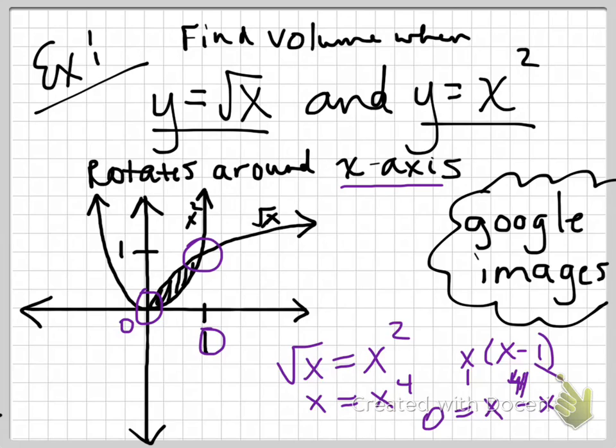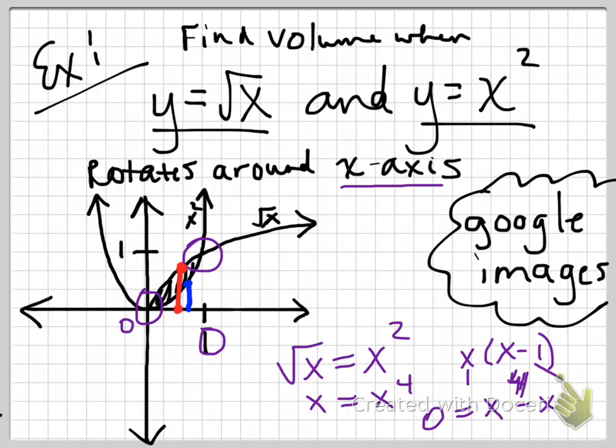Since this is rotating around the x-axis, I'm going to put my first dot on the x-axis, and then extend out to the furthest curve. That's going to give me my big radius. Then I start on the x-axis again, and this time extend up to the closer curve, and that's going to give me my little radius.